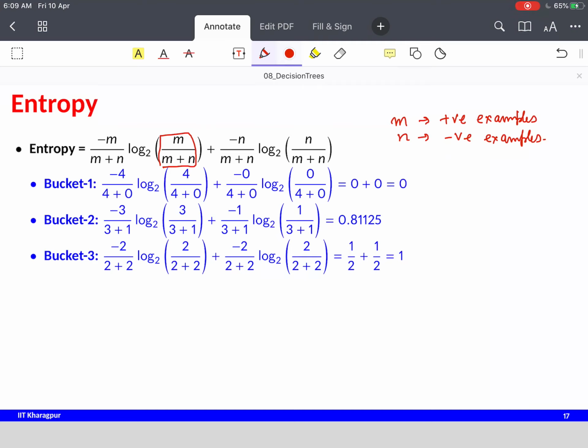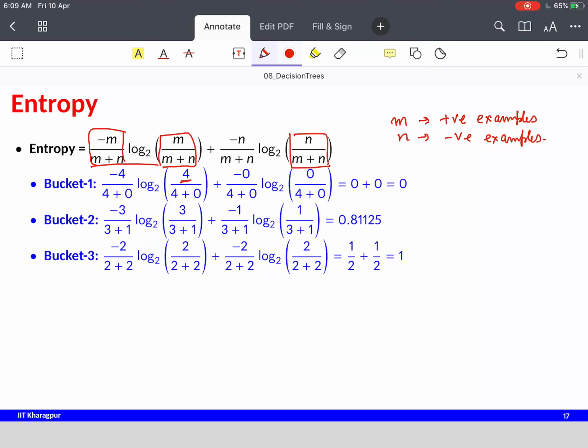So this is the probability of having a positive value, this is for the negative examples that we have, and when we take the average, this factor will actually come.